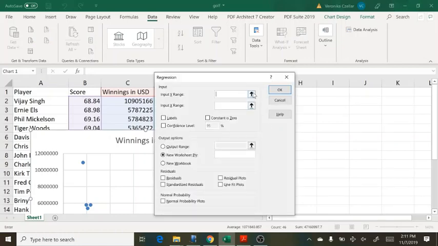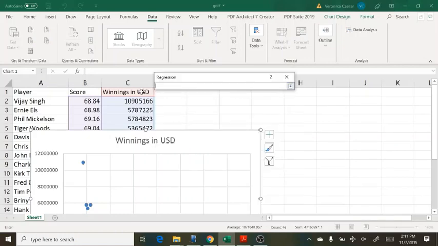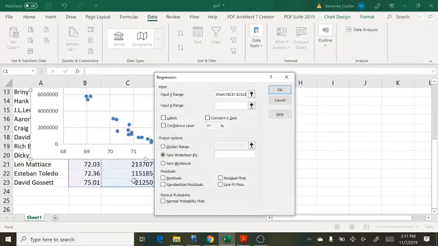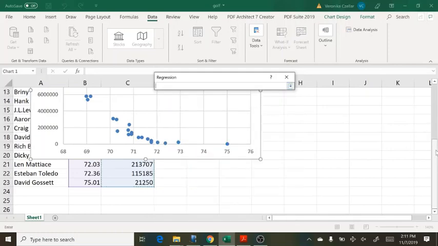Here in the input Y range, you enter your winnings in US dollars. And in the input X range, we enter the scores.